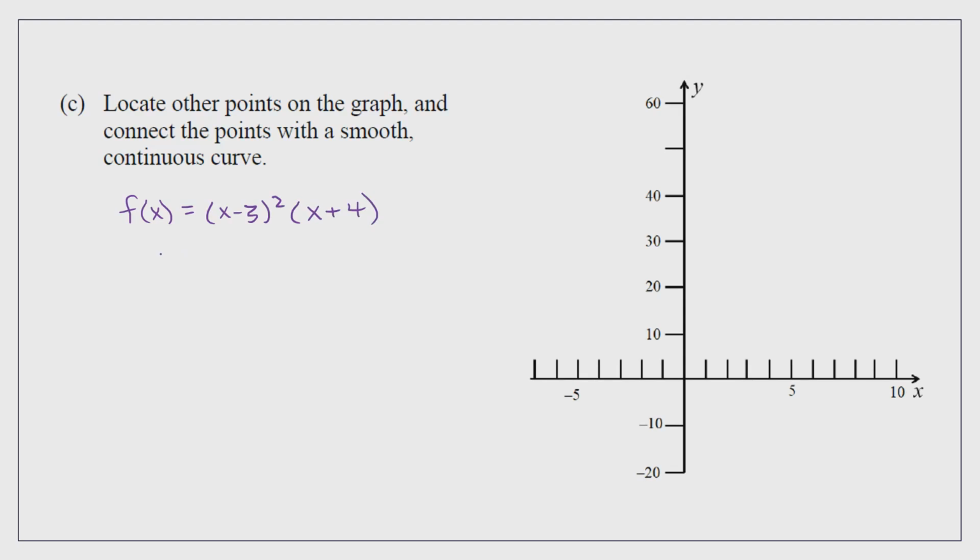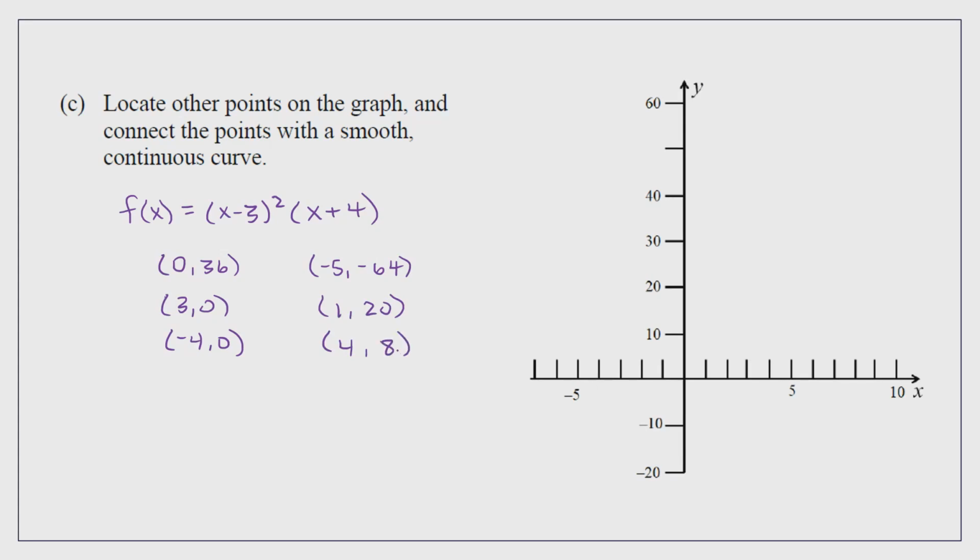We're going to bring down our key points that we already know, like the y-intercept and the x-intercepts, which are 3, 0, and -4, 0. Then we have the points that we chose from the table above: -5, -64; 1, 20; and 4, 8.